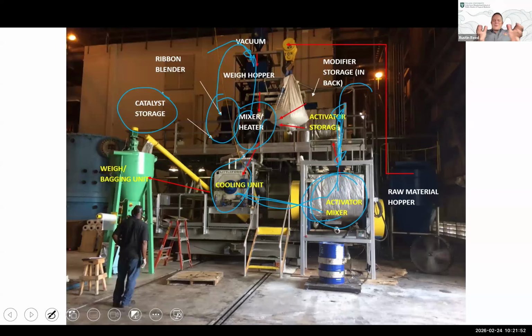Anyway, lots of moving parts and things going on. Eventually, my drawing here, I went the wrong way there, but anyway, it all gets mixed in here, and then the final product gets dumped out into 55-gallon drums, and that's the final product.